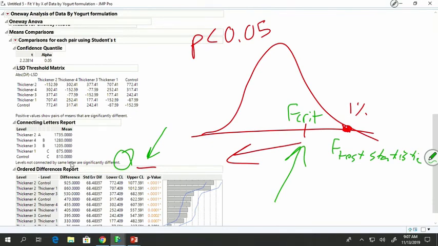At this point, if you think about it, what we just did was a One Way ANOVA where we compared 5 treatments. Now, in this little connecting letters report, I'm simplifying it very much, and statisticians would say, no, that's not technically right. But basically what we're doing is a t-test right here.